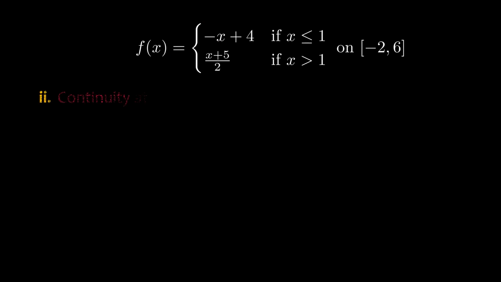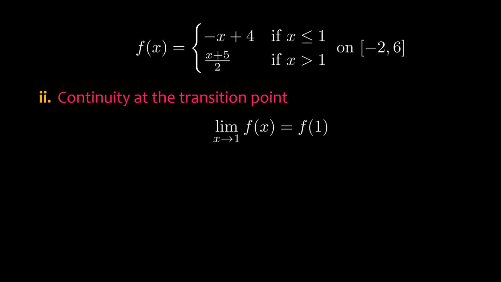Second, continuity at the transition point. At the transition point x equals 1, the equation for continuity at a point must be satisfied. The limit of f of x, as x approaches 1, equals f of 1, which entails the following conditions.